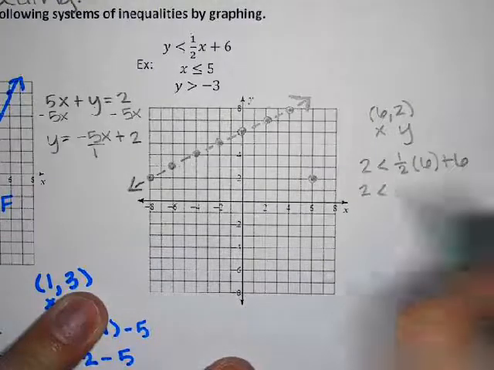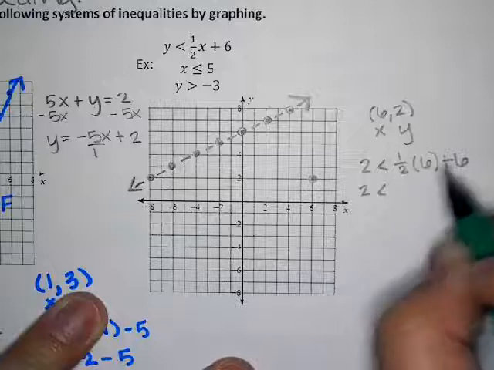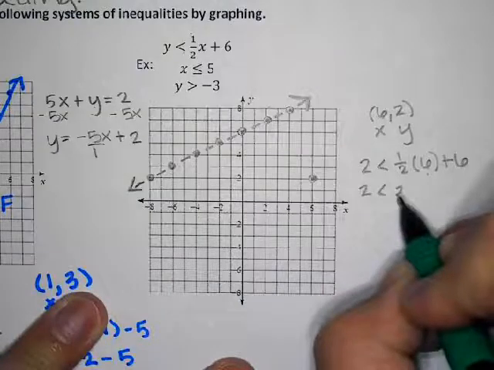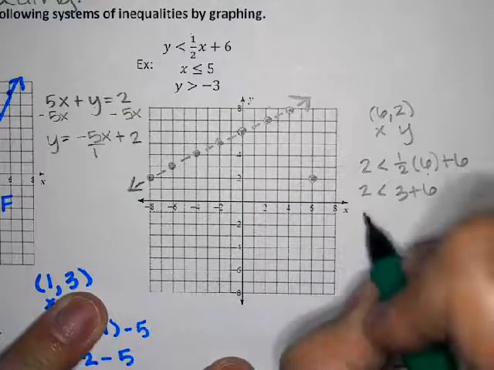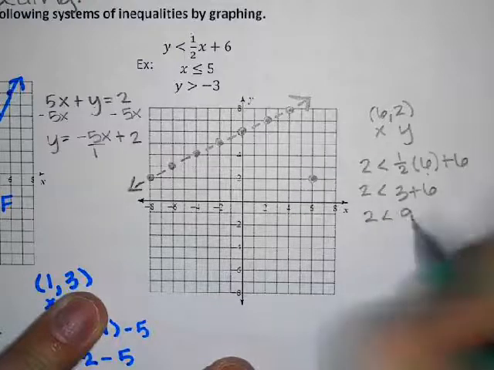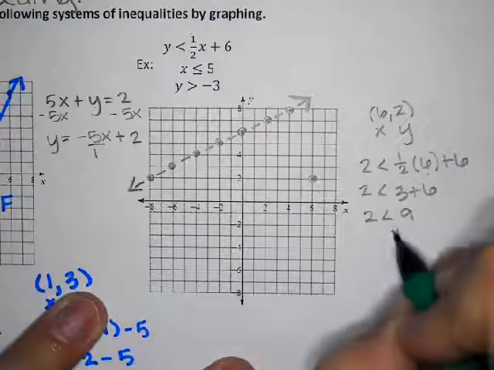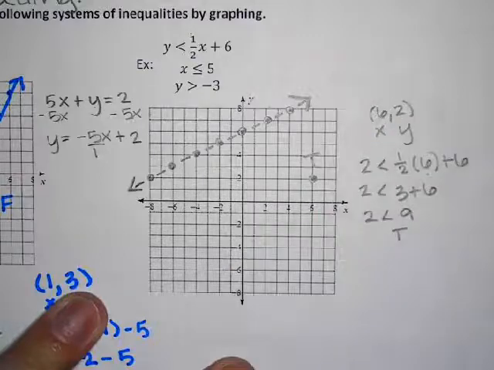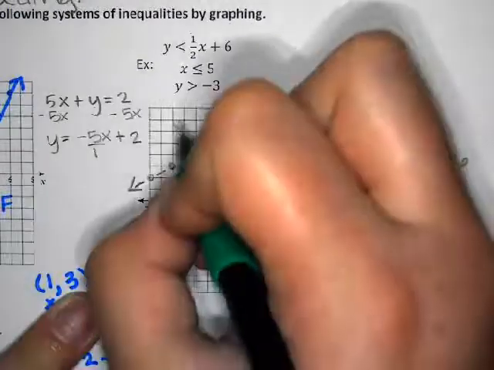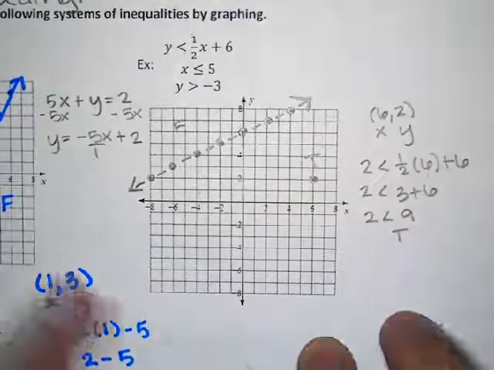So 1/2 times x is 1/2 of 6, which is 3. 2 is less than 9. That is a true statement. So this is true. The point is true, which means the other side of the line is false. Okay, so I'm going to shade all of this.